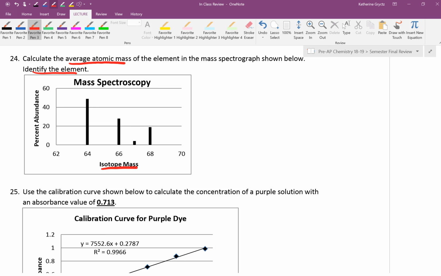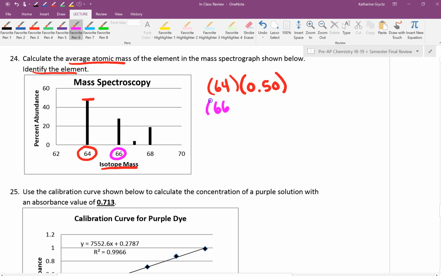And so what you would do, you say you have an isotope that weighs 64, and it has a percentage. I'm just going to ballpark that and say that's 50%. So I'm going to multiply it by 0.50 because that's the decimal version of 50%. Then I have an isotope that weighs 66, and I'm going to say its percentage is 30. I'm definitely ballparking these, but we're going to talk about how you would know who this element is for sure.